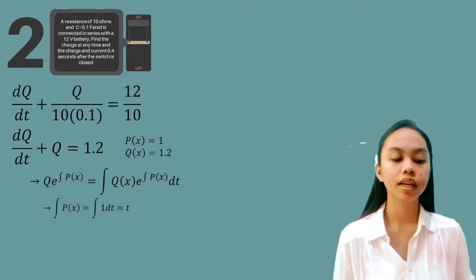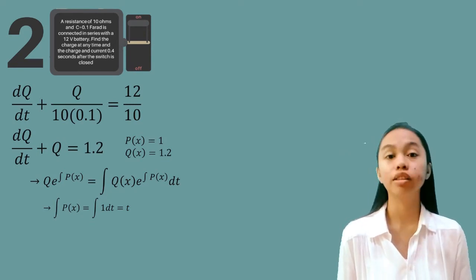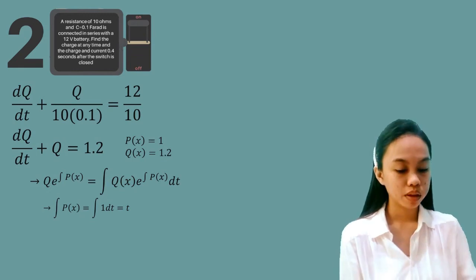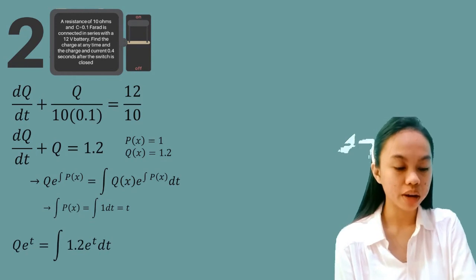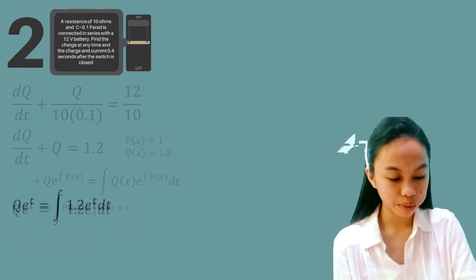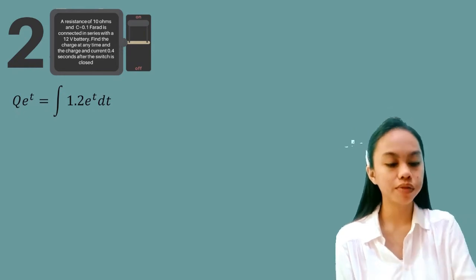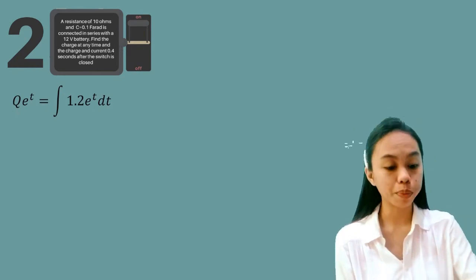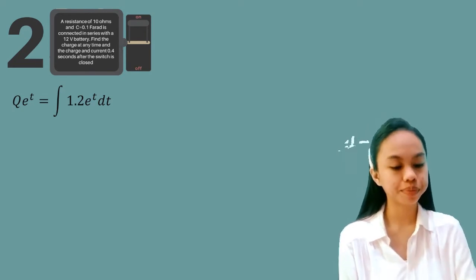We will substitute the values into our linear differential equation formula. So we have q e, and our integral of P of x is equal to t, so we raise it to t, equals the integral of Q of x, which is 1.2, so we put 1.2 here, and then e raised to the power of t.